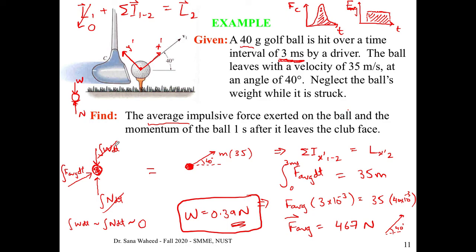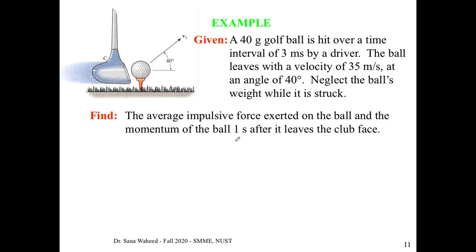Yes, ma'am. Excellent. Okay, now comes the momentum of the ball 1 second after it leaves the club face. What's happening is that to find the momentum we need 1 second afterwards. As it goes off at 35 at 40 degrees, after it's been struck, it's a case of projectile motion.